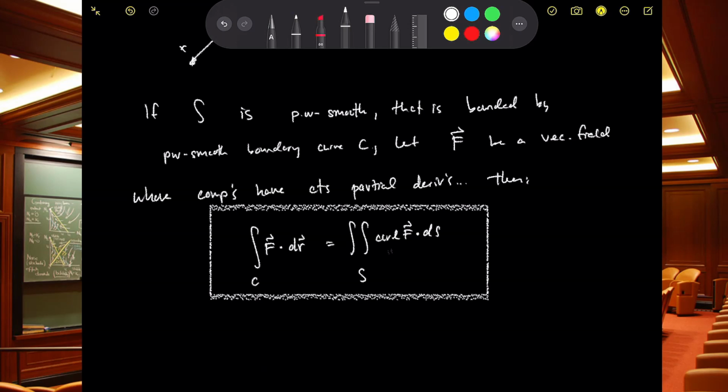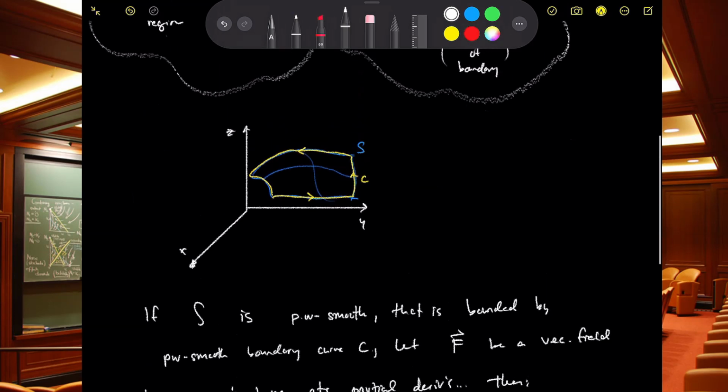And so if we walk around the curve, the space curve, this is going to tell us some important information about the flow through the whole surface. And we'll see a little bit why the boundary plays such an important role, and it's sometimes independent of the surface itself. So let's hop back to it here.